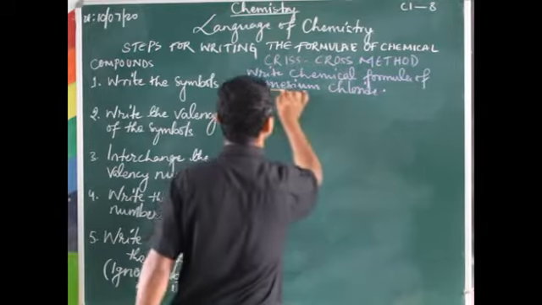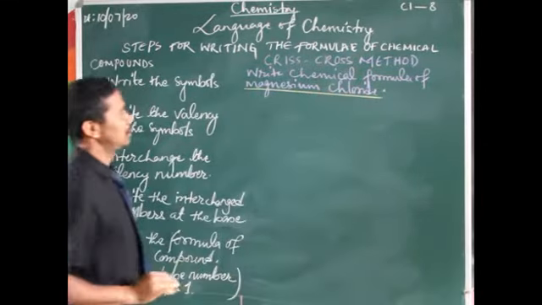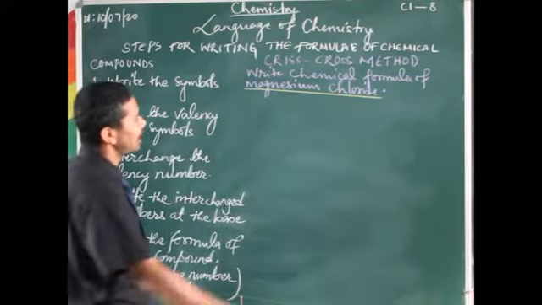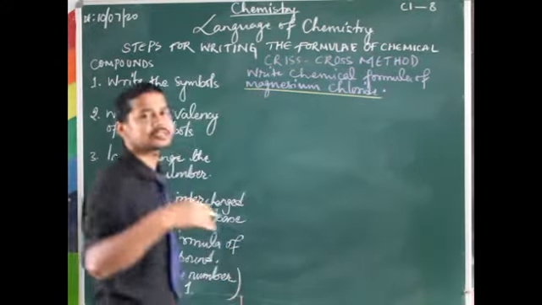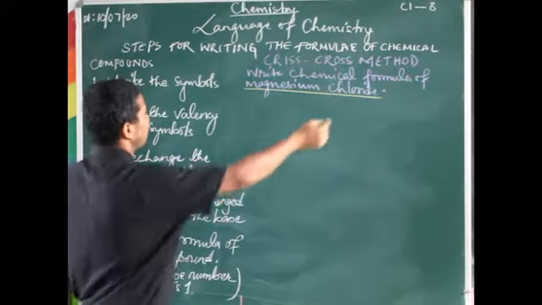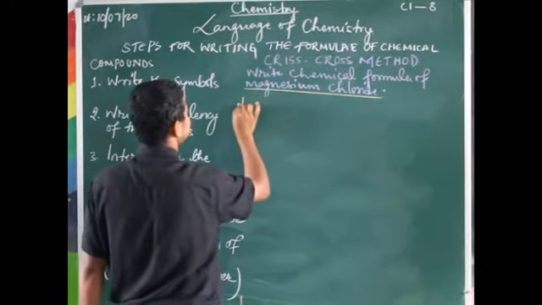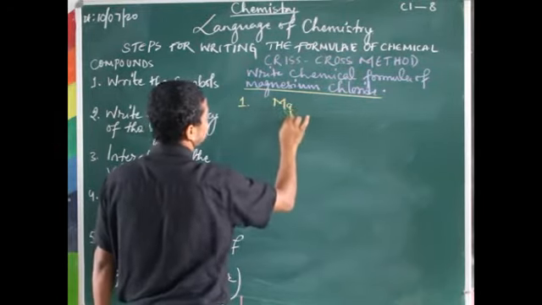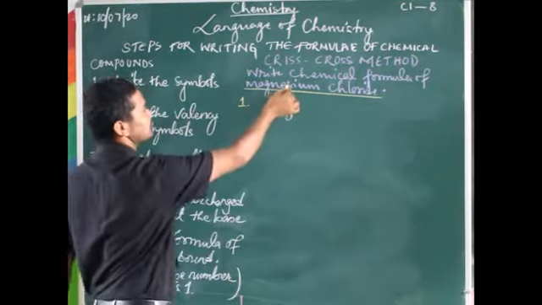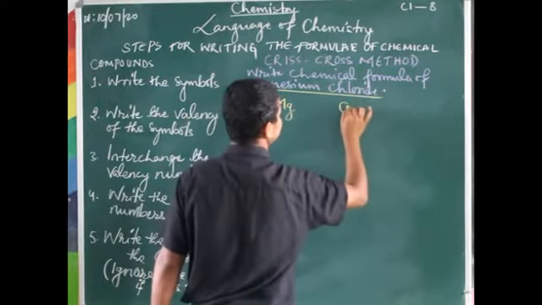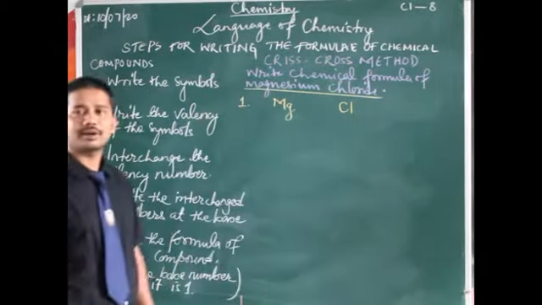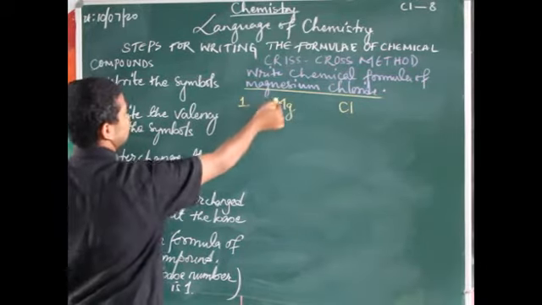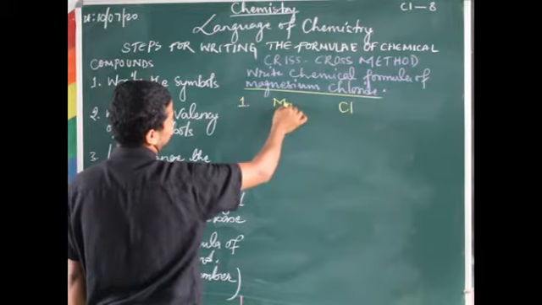Now in this magnesium chloride, you should know the symbol of magnesium and the symbol of chloride, meaning chlorine. So in the first step you will be writing Mg for magnesium and Cl for chloride. So first step is you will be writing symbols.